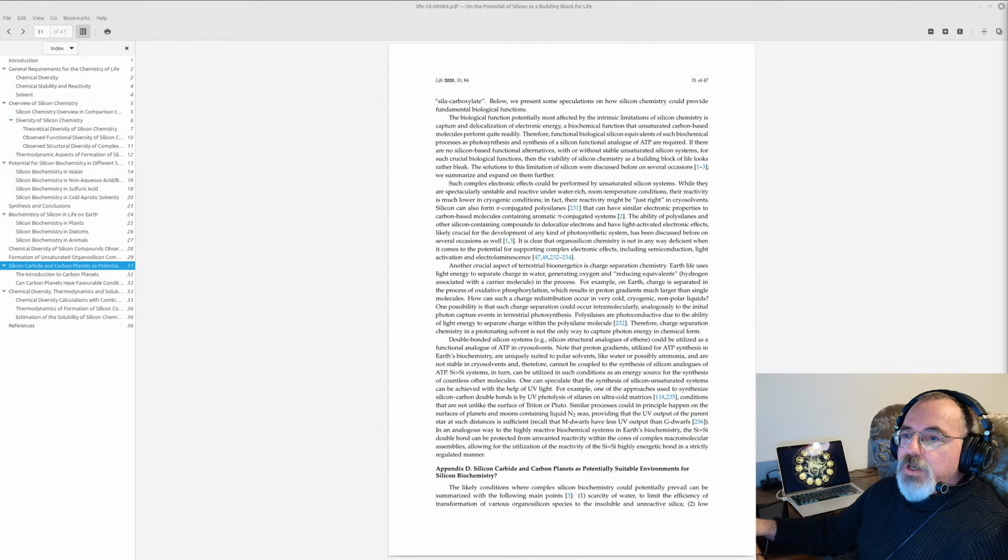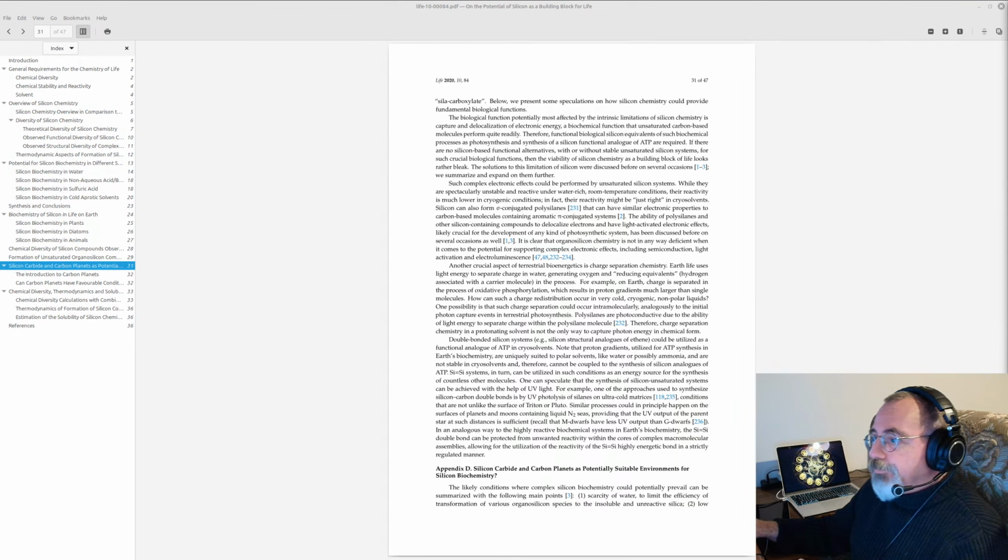All right, you're going to be asking what an M dwarf is. I will look it up. Okay, an M dwarf is apparently a red dwarf, and red dwarfs are the most common stars in the universe that we have observed.